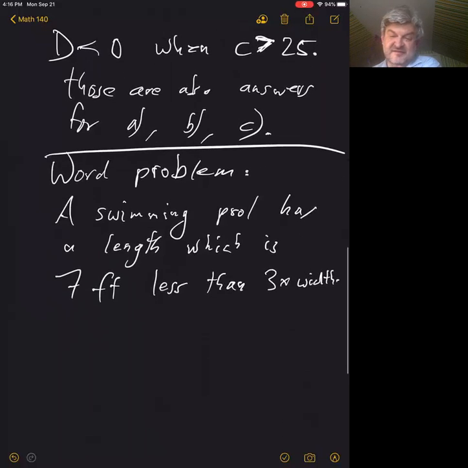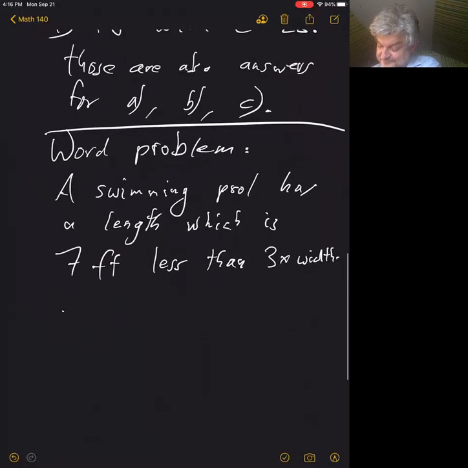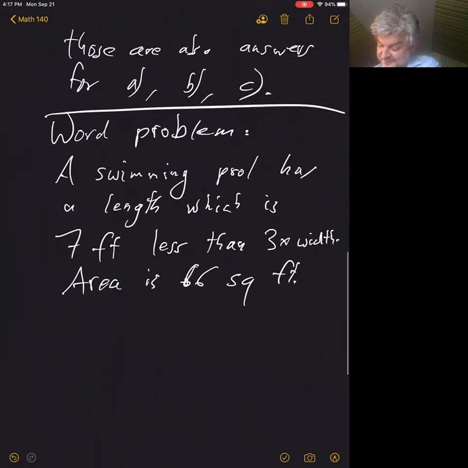And the area is 66 square feet. What's the length and the width? Or what are the dimensions?